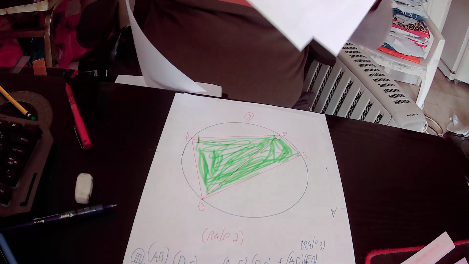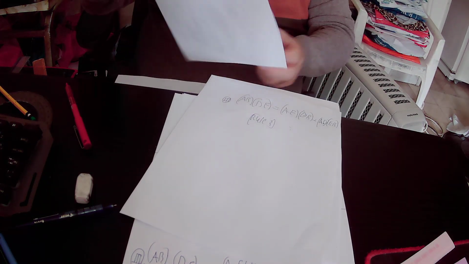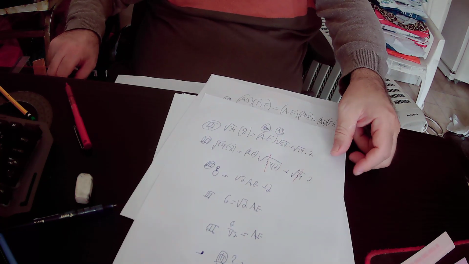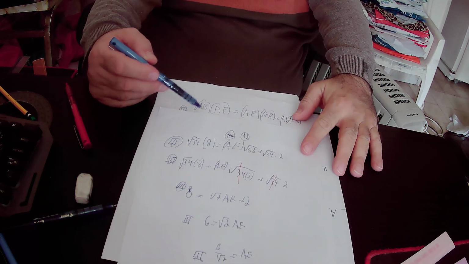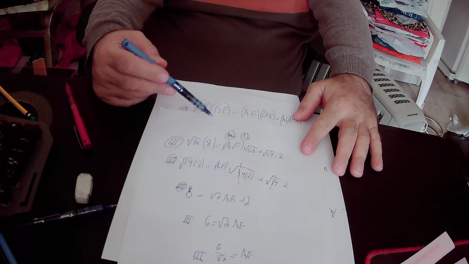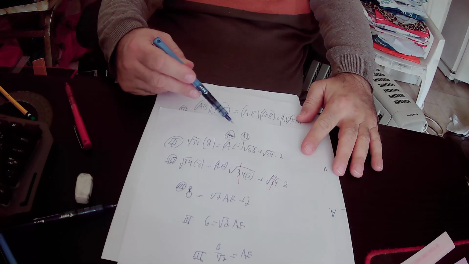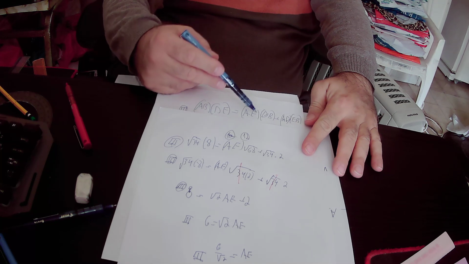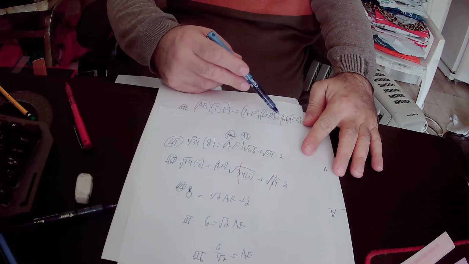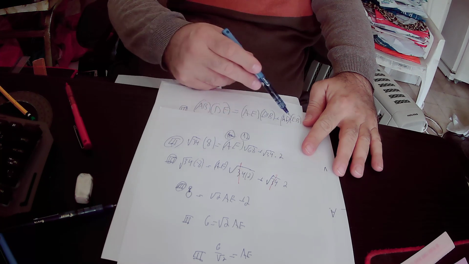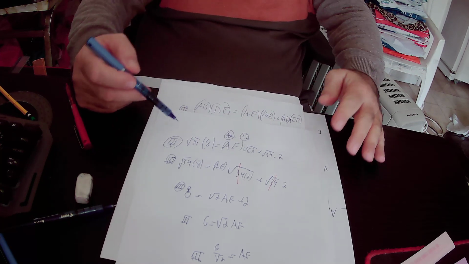But here we know that AB equals square root of 34, DE equals 8 units, AE is the missing line segment, DB equals square root of 68, AD equals square root of 34, and EB equals 2.